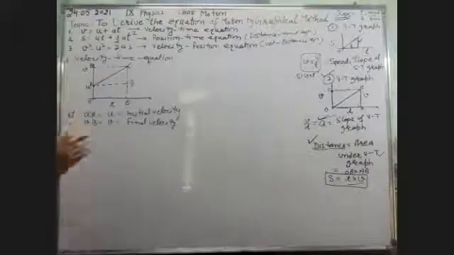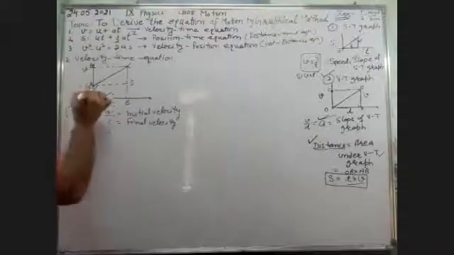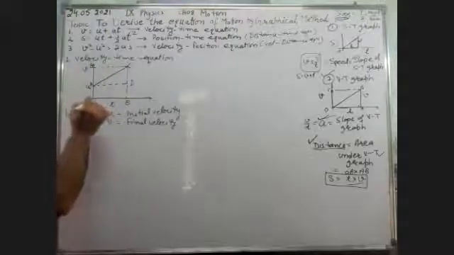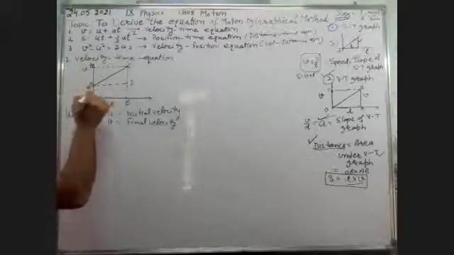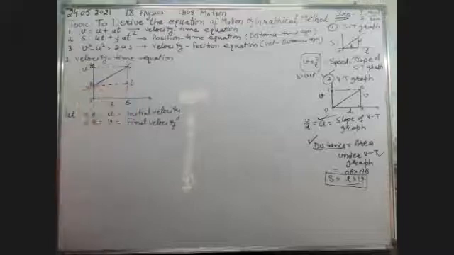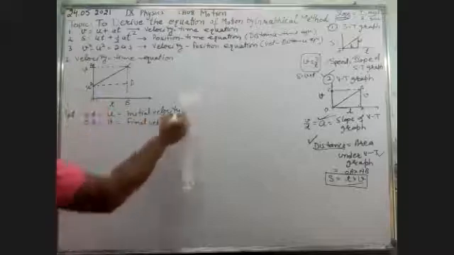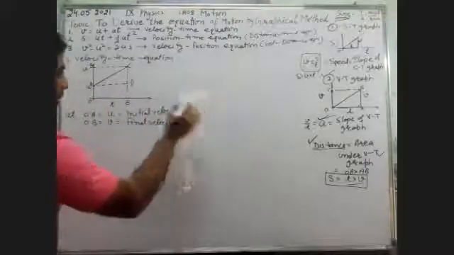As we know, OADE is a rectangle. If OA is equal to u, DE will also be equal to u.